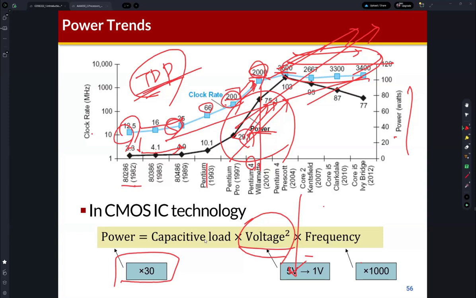Why? Because of power. If we use a smaller CMOS transistor, you can find numbers like 3 nanometer technology, 5 nanometer technology, or 2 nanometer technology.